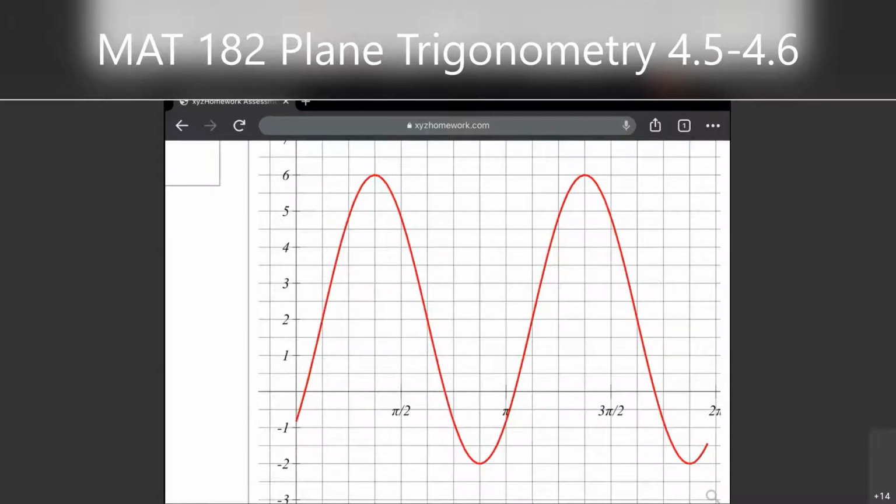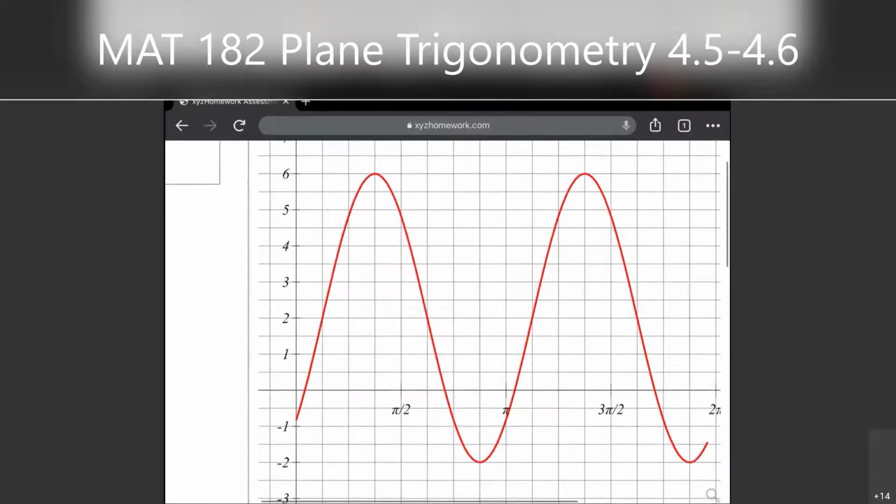Well, yeah. So let's consider this. If we looked at the 2 peaks on our graph, the 2 maximum points, one is coming just before pi over 2, and the other one is coming just before 3 pi over 2. So what's the distance between those 2 peak points?